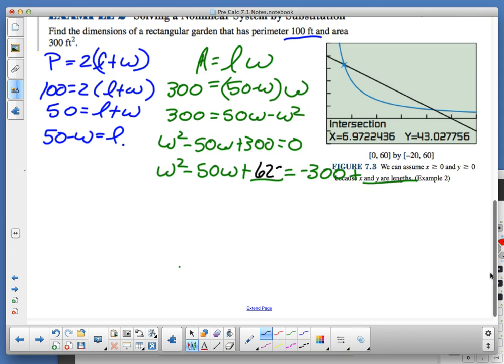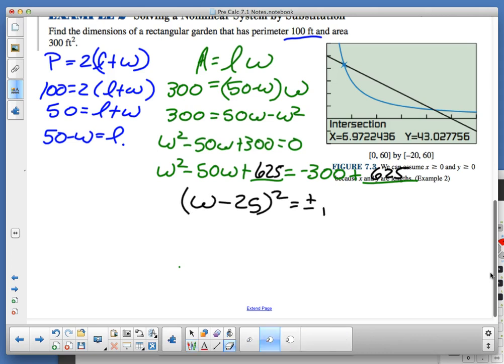So I'm putting in 625 on both sides. This ends up being W minus 25 squared is equal to, not plus or minus yet, I'm getting ahead of myself, 625 plus negative 300 is 325. So that's where I'm at.